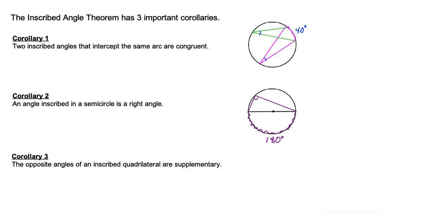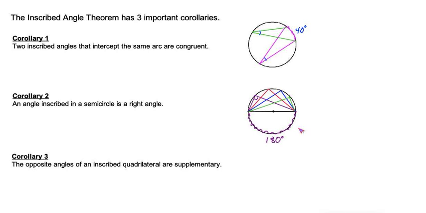Now, let's inscribe a few others and see what that would look like. There's an angle that's inscribed in a semicircle. Here's an angle inscribed in that same semicircle. Here's another angle inscribed in the semicircle.